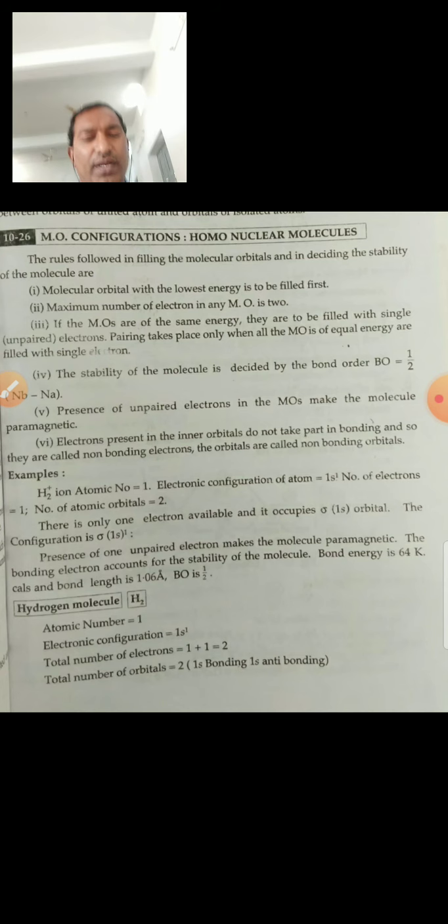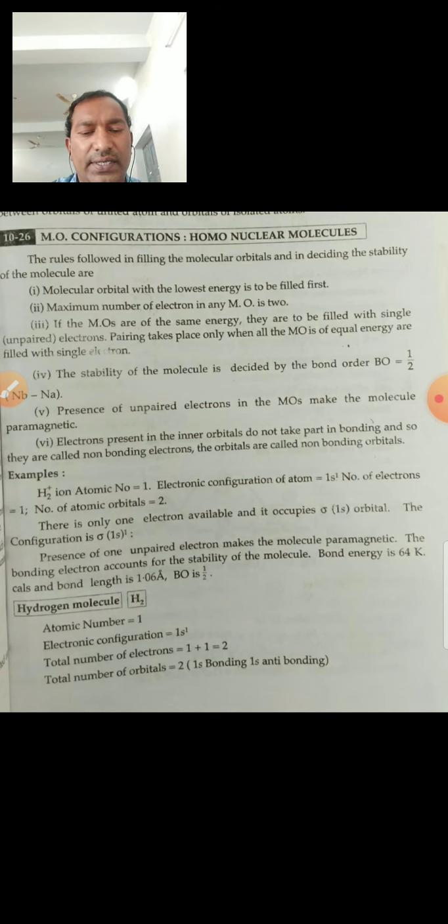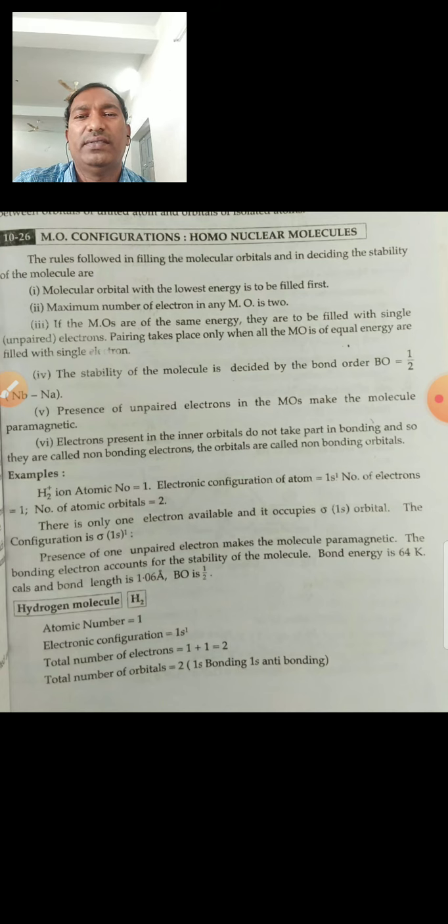See here, molecular orbital configurations for homonuclear molecules. The rules followed in filling the molecular orbitals and in deciding the stability of the molecules are: first, the molecular orbital with the lowest energy is to be filled first.